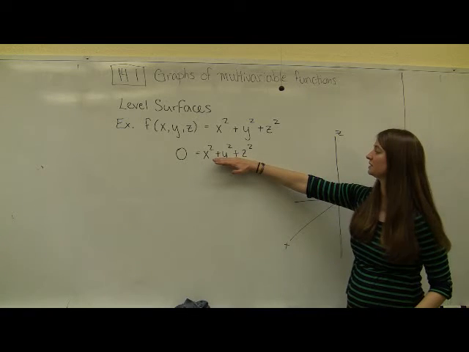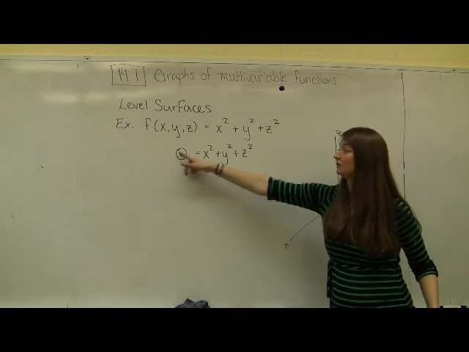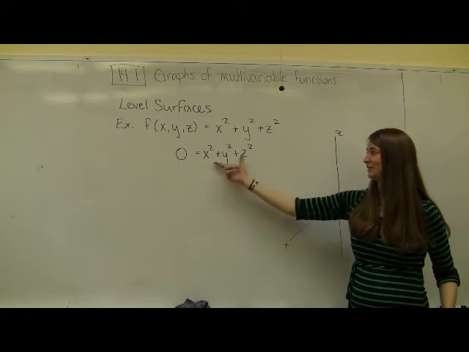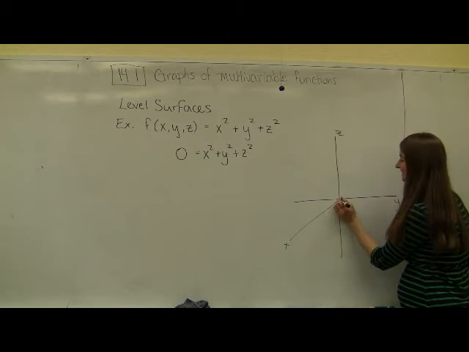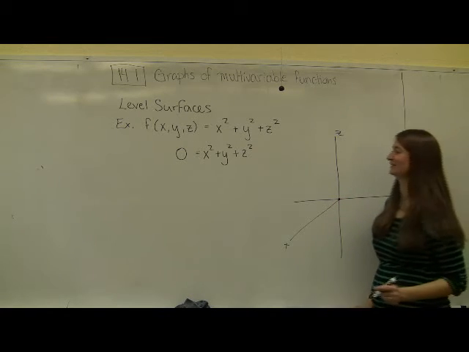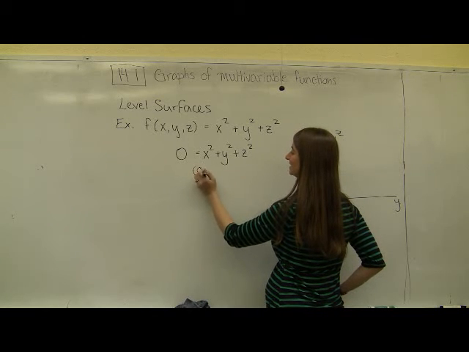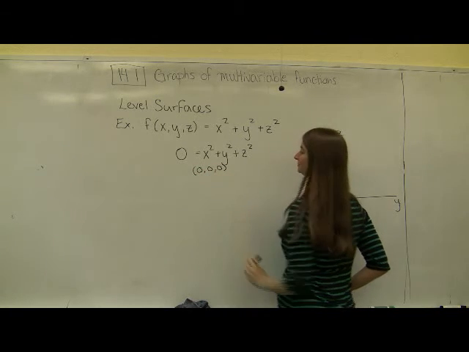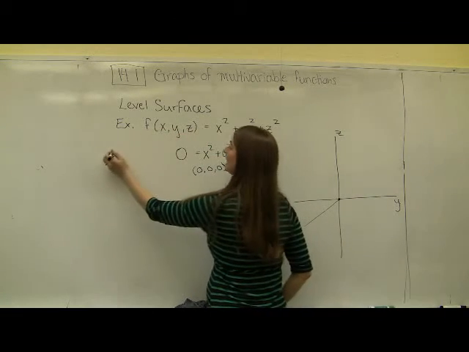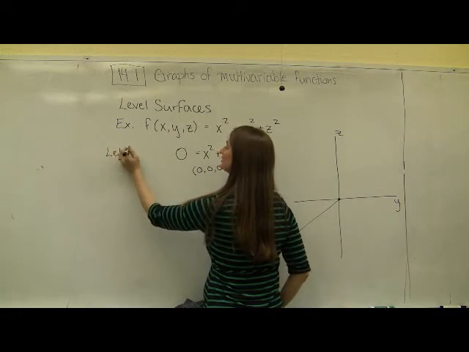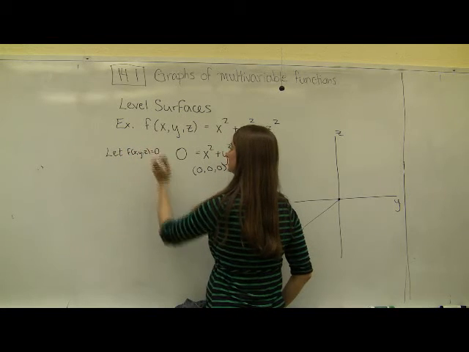This is a level surface, and it looks like a sphere of radius 0, centered at the origin. So what does a sphere of radius 0 centered at the origin look like? It's just the point 0, 0, 0. The only solution to this equation is when x, y, and z are exactly equal to 0. So this was when I let my level surface f of x, y, z exactly equal to 0.